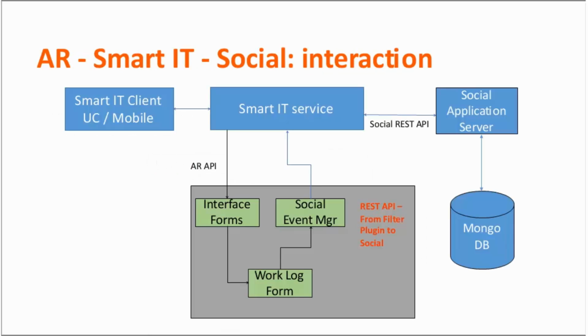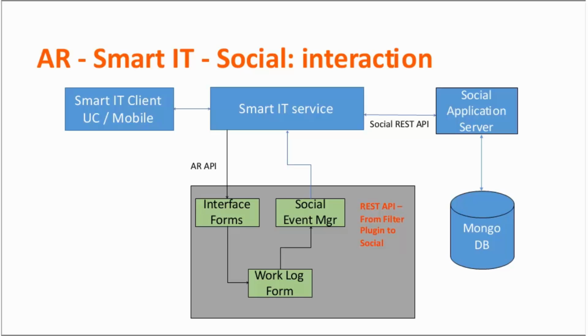This block diagram will give you a brief look at how data interacts between a SmartIT client and MongoDB. All the data between the SmartIT client and the social application is exchanged through the SmartIT service layer, and the SmartIT service layer uses the social REST API layer to interact with and store all the social data in MongoDB.